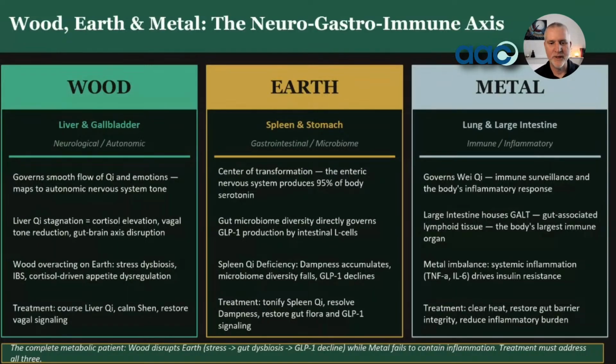And I've created this chart for you to look at the signs and symptoms, or how we map this, so you can have a map of the different aspects of that.